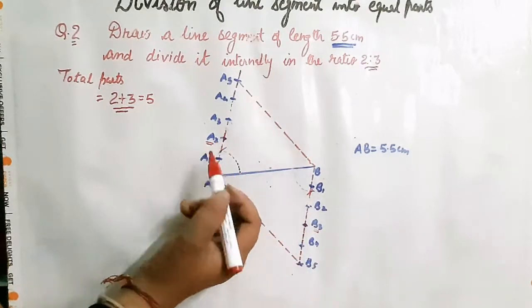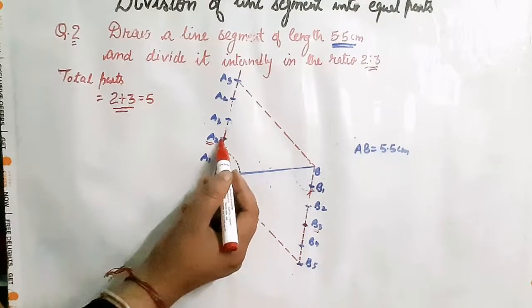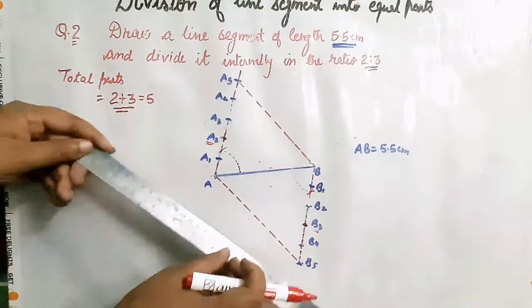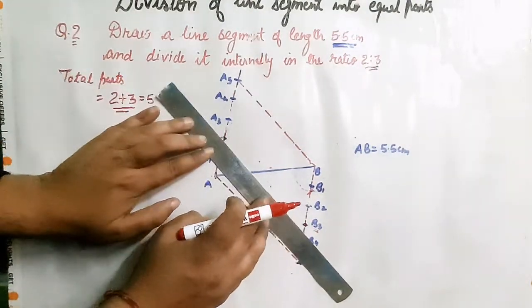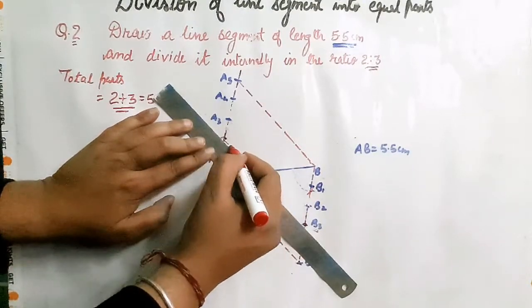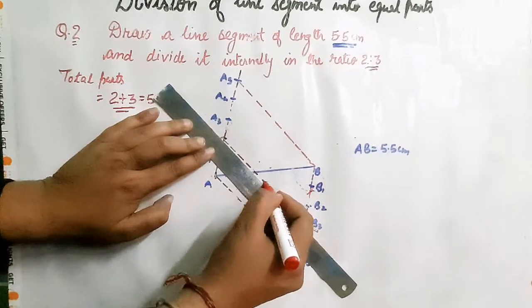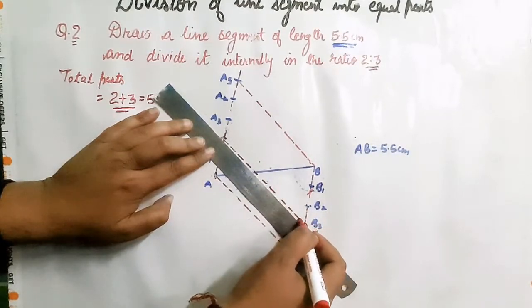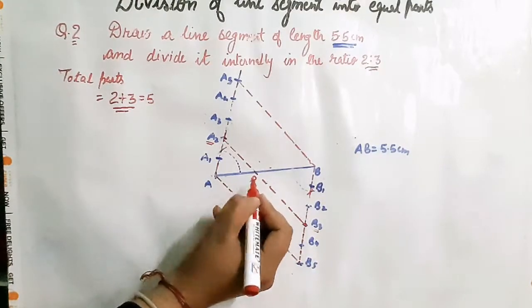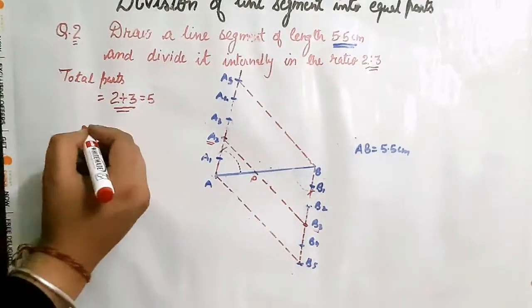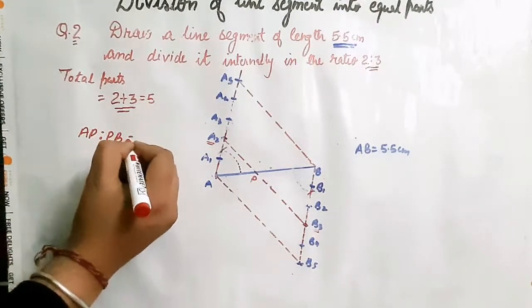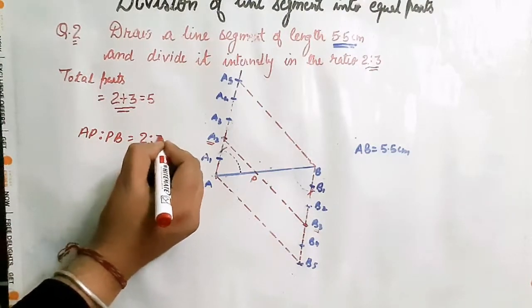This is the second point on the arm of angle A, and this is the third point on the arm of angle B. Join them with each other and you can see that the line is intersecting AB at P, and now AP:PB will be equal to 2:3.